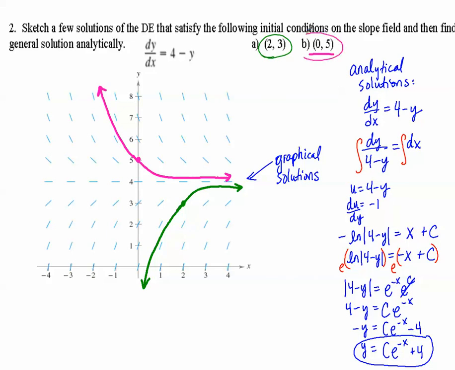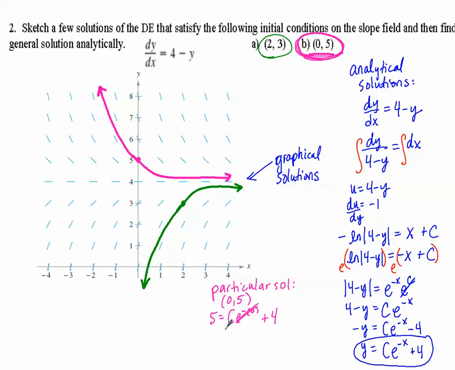Now I'm going to go with this second initial condition just because it's easier to use the 0 to make it a quicker example. So here's my general solution. Let's look at the particular solution with the point (0, 5). So 5 is the y, c e to the 0 is the x, plus 4. e to the 0 is 1, so that doesn't really have an effect.